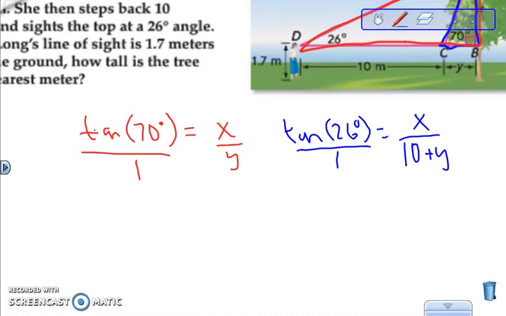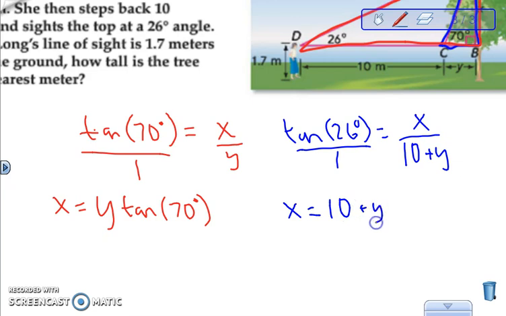We're going to get our proportions. So when we cross multiply, we get that x equals y times the tangent of 70. And then over here, we get that x is 10 plus y, times tangent of 26.